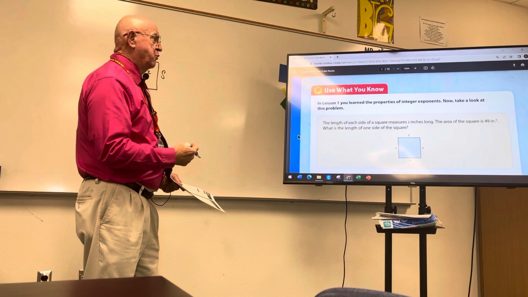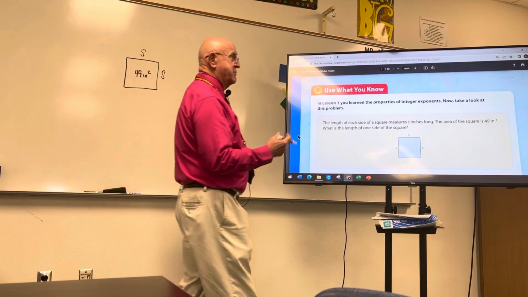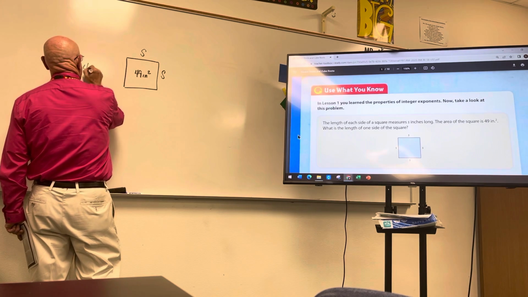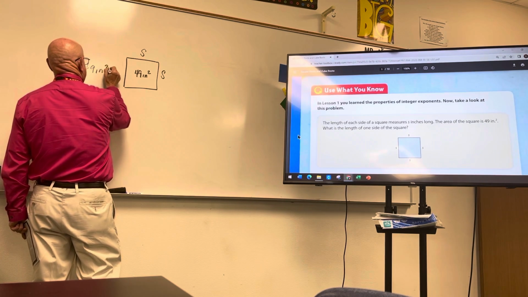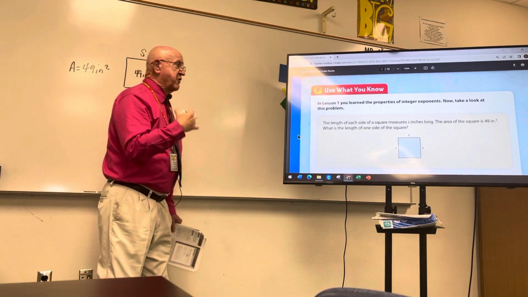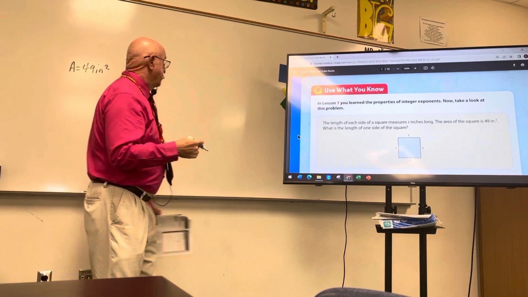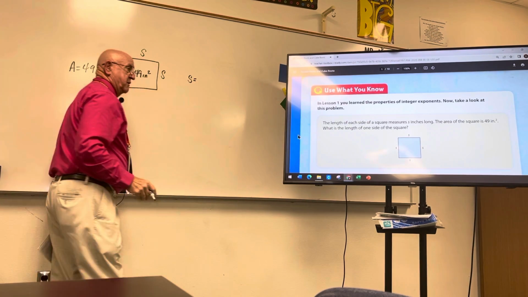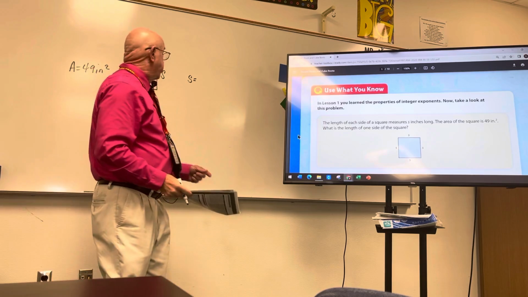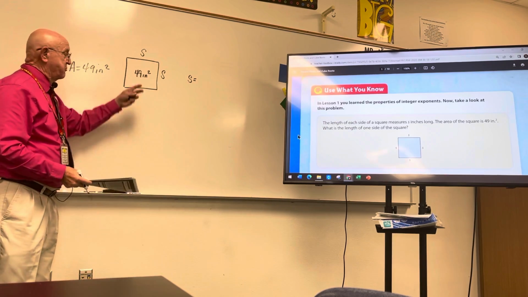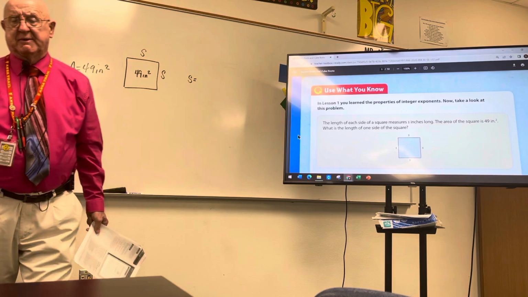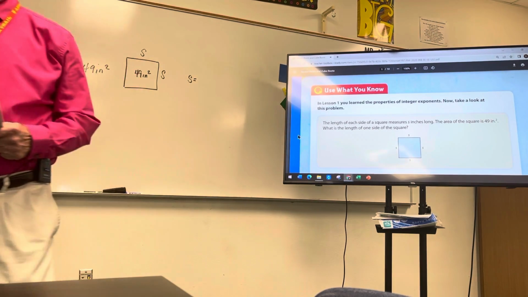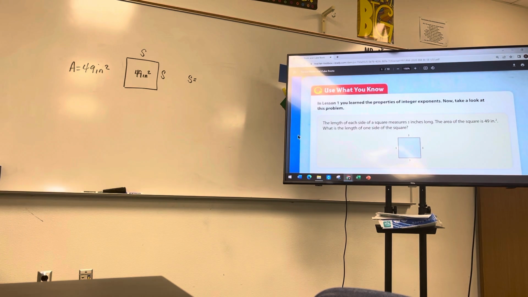We're looking at the area of the square being 49 inches squared, and we're going to try to find the length of one side. So what we're looking for is s, s equals. This is the picture that's on there. I just added some stuff in to give you a little extra information.